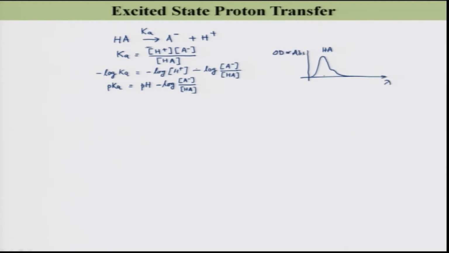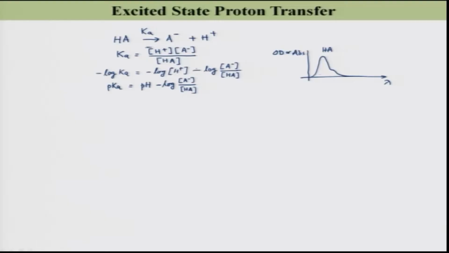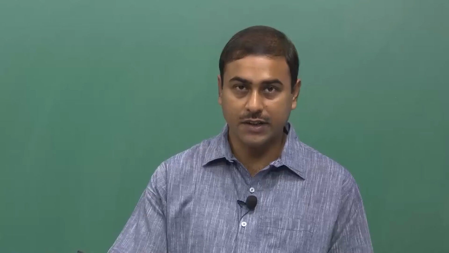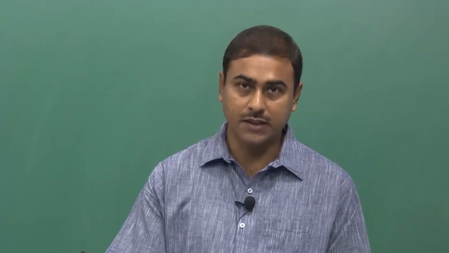Once you increase the pH of the medium, more and more HA will form A minus, and if A minus has a completely different absorption, let us say like this, then what we are going to see is the formation of A minus at the expense of HA. So, HA will decrease and A minus will increase.